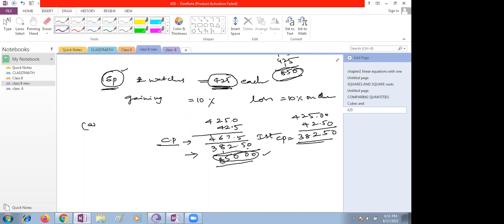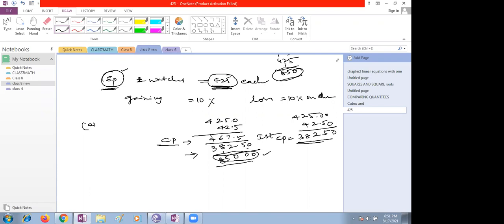The same way you go with the other watch. Profit means what happens? He's supposed to buy at less cost, right? The cost price should be less, so 10% you are supposed to subtract from that, you will get 382.50.